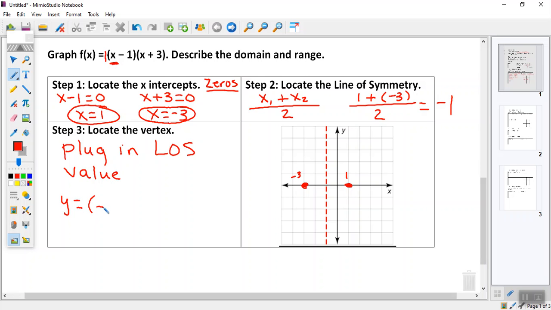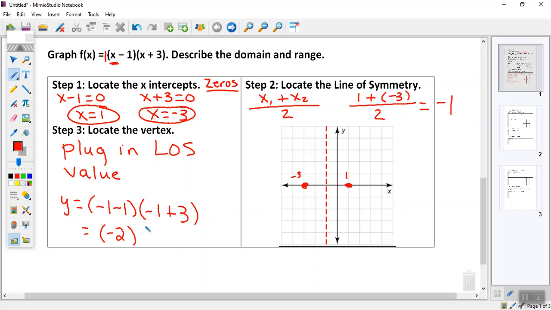Negative 1, right? So it becomes negative 1 minus 1 times negative 1 plus 3.